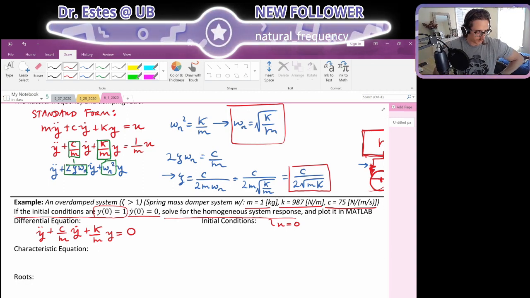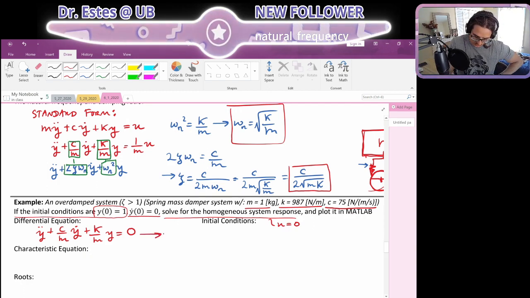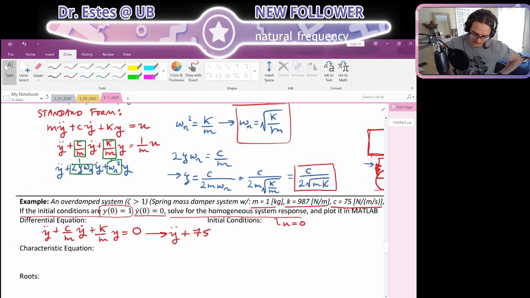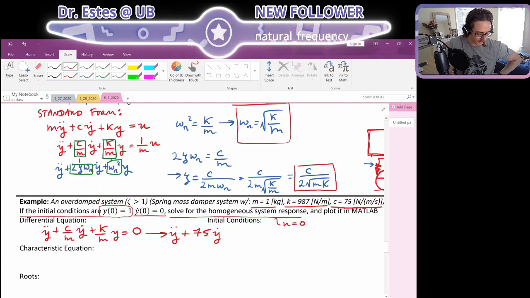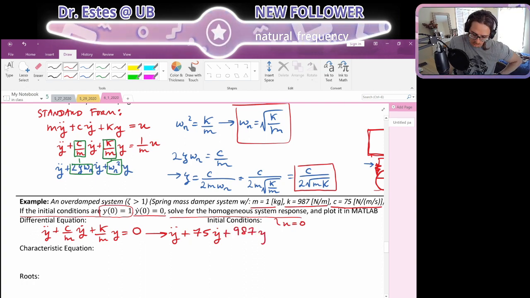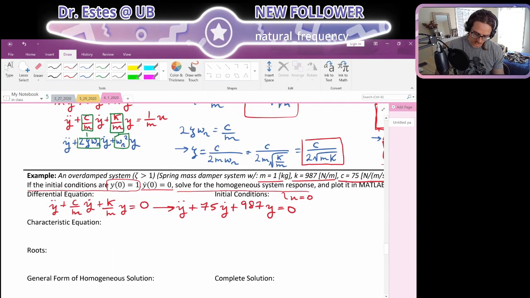If you plug in the numbers I gave you, plug those into your calculator. Oh, actually, you don't need a calculator for this. C divided by M is 75 divided by 1. Yeah, we don't need a calculator for that. Plus 987 divided by 1. Okay, that's the differential equation.